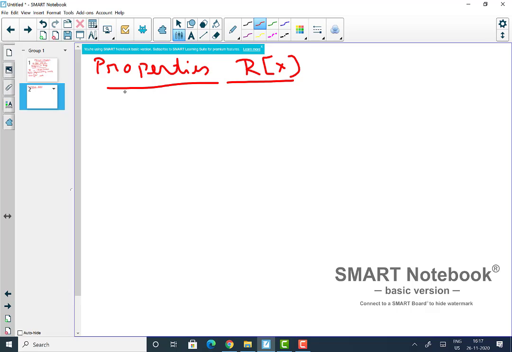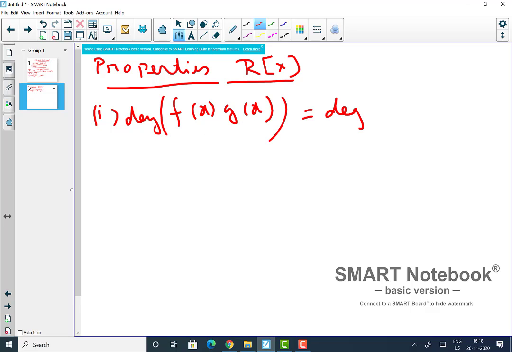You can check that if you multiply two polynomials f(x) and g(x), then the degree of this new polynomial is nothing but the degree of f(x) plus the degree of g(x).